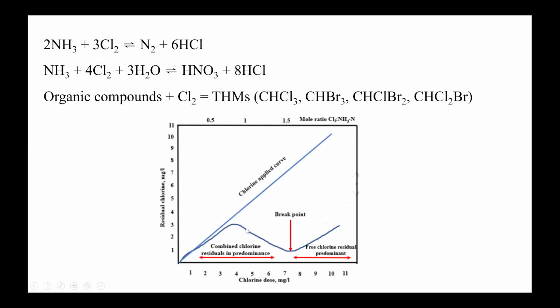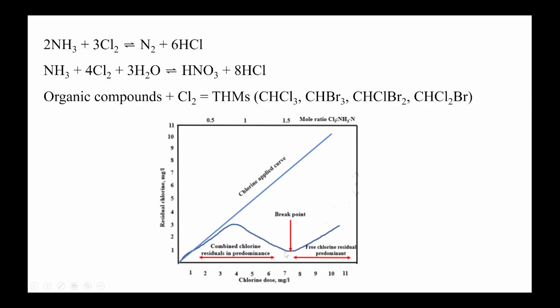Okay, after a point when all the organic matter has reacted, the residual chlorine will start emerging in the reaction, and then the residual chlorine, the free chlorine, will start increasing.